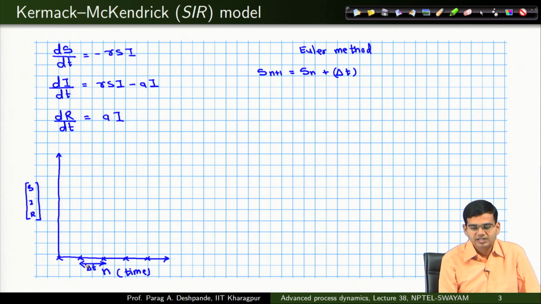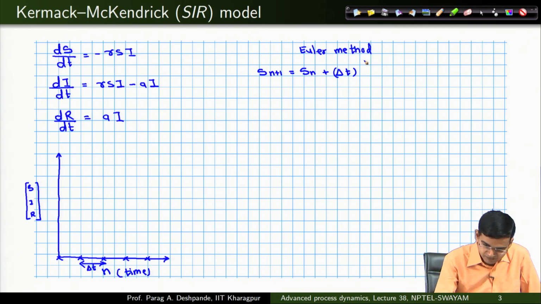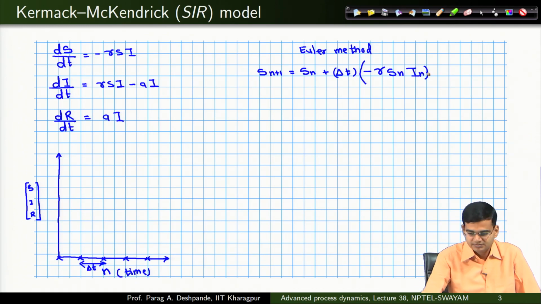Okay. This is delta t multiplied by the definition of the derivative which comes from the equation, minus R S n I n. Okay.